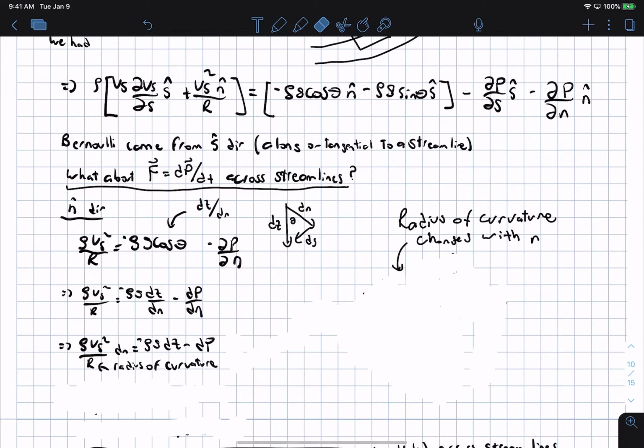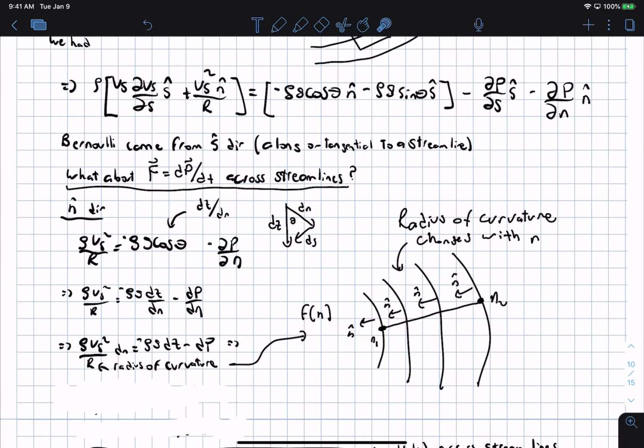And recall that this r is the radius of curvature. And here, one complication is that the radius of curvature changes with the n hat direction. So say we are starting at this point here on this streamline, and we are going in the normal direction, because right now this equation says we can only go in the normal direction. We cannot go along the streamlines, we can only go across them.